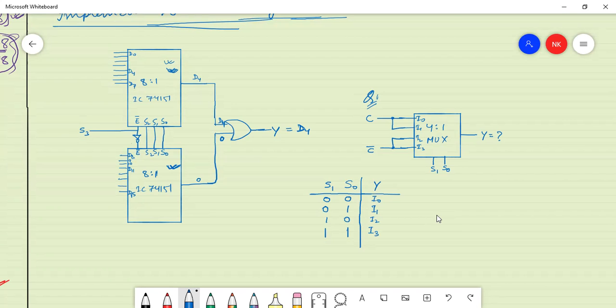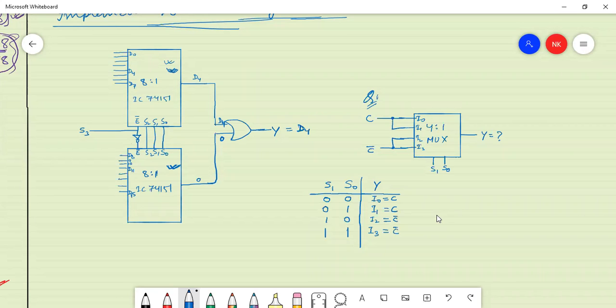I0 is connected with C and I1 is also connected with C, so both are equal to C. And what is the value of I2? It is C bar according to the question, and the value of I3 is also C bar.